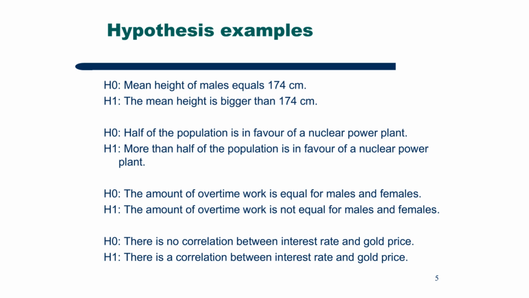The amount of overtime work is equal for males and females. H1. The amount of overtime work is not equal for males and females. Interest rate and gold price, H0. There is no correlation between the interest rate and gold price. H1. There is a correlation between the interest rate and the gold price. These examples illustrate how hypotheses are structured in research, focusing on establishing a relationship or difference based on statistical evidence.